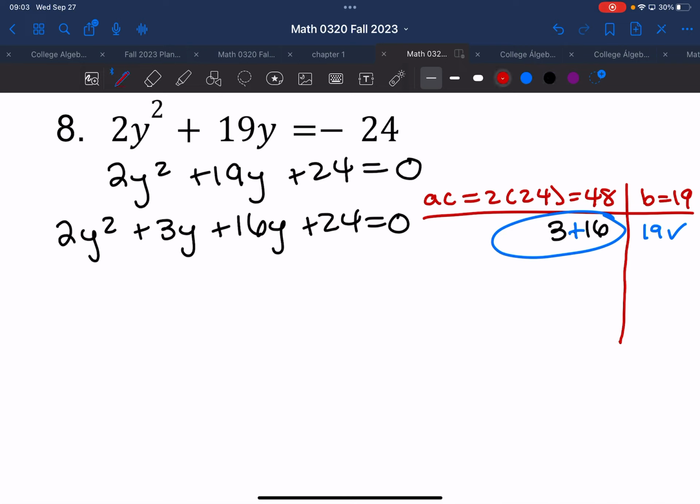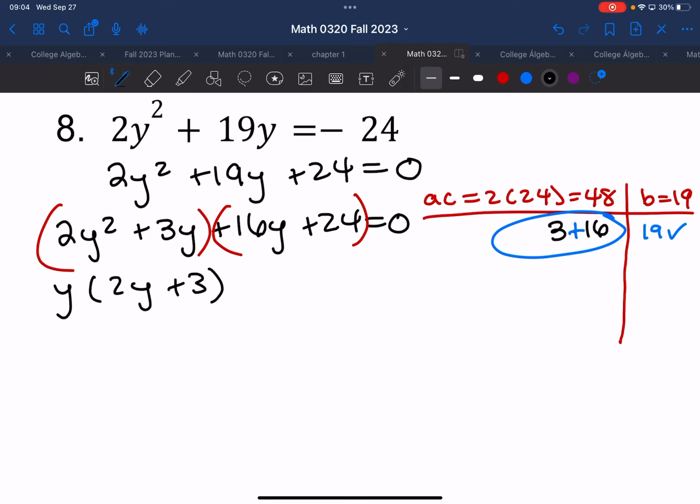These 4 terms tell me I'm factoring by grouping. And I need to take the GCF out of each parenthesis. So my GCF out of my first one would just be y, because I can't take out a GCF from 2 and 3. So just y. And I'm left with 2y plus 3.